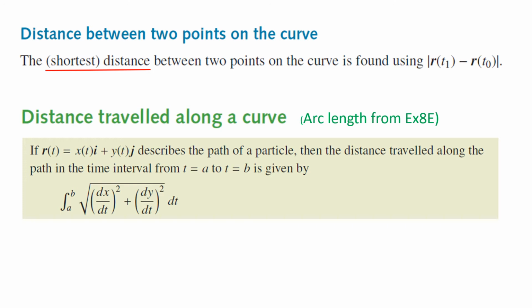So we're integrating from A to B. It's our x dot expression squared plus our y dot expression squared, the sum and the square root, and we integrate that. So that gives us our distance along the curve, certainly not the straight line distance, but it is the distance it travels from the point on the curve at t equals A to a point on the curve at t equals B.